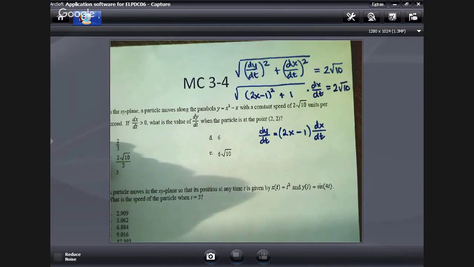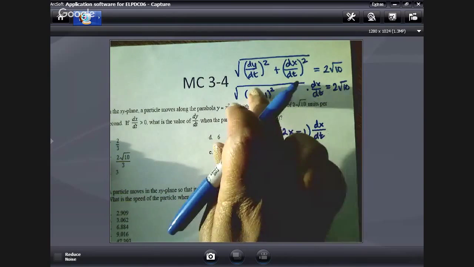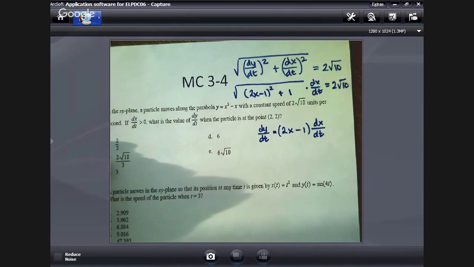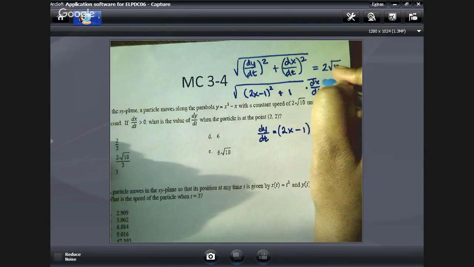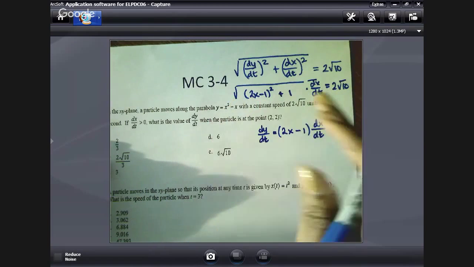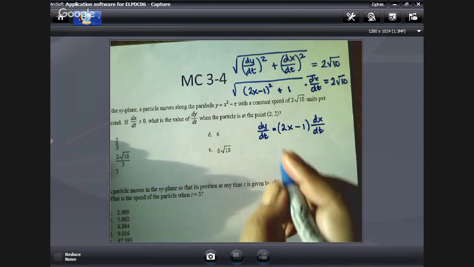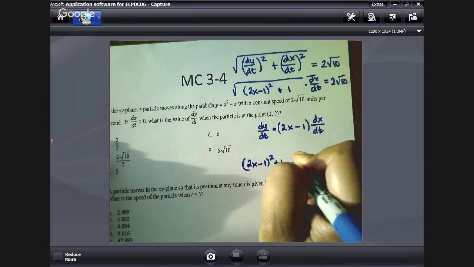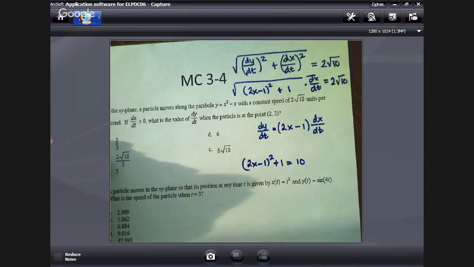Square root of (2x minus 1) squared plus 1 times dx/dt. Right, so I'd have a dx/dt squared over here and a dx/dt squared in here. So I factored out the dx/dt squared, and the square root equals 2 square root of 10. So I'm thinking that dx/dt is 2, and the stuff under the square root is 10: (2x minus 1) squared plus 1 is equal to 10.